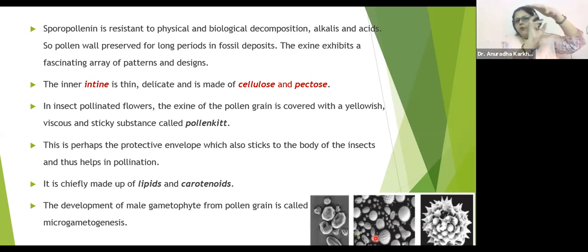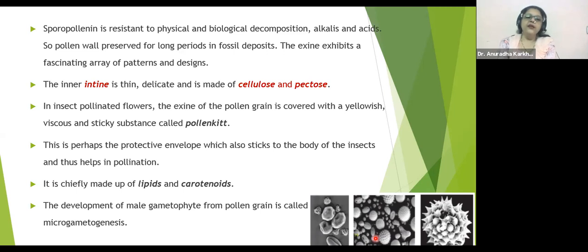Now from the body parts of the insect, these pollen grains can stick to the body parts of the insects. Because of what? Because of the sticky pollen kit. So it helps in moving from one flower to another flower. When it moves, it deposits those pollens over there. So it helps in pollination, right?